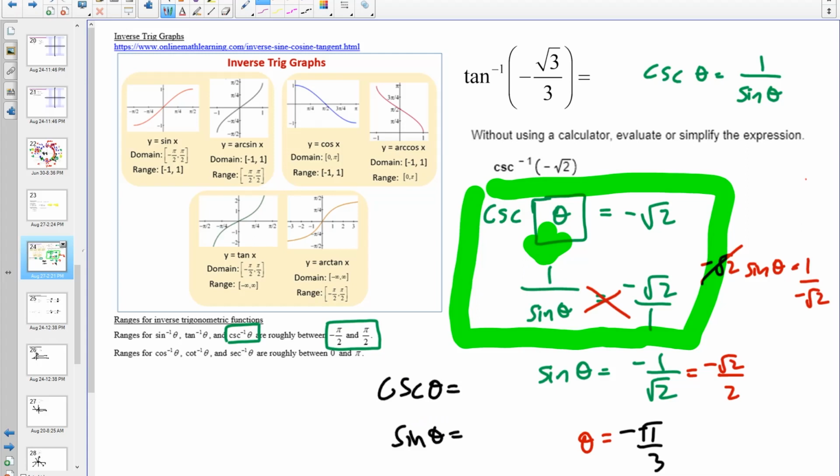Okay, and that's not true. They'll change this to sine theta, and they'll say that's equal to negative square root of 2, and then you'll get stuck because on the unit circle you can't find where sine theta is equal to negative square root of 2. Okay, so be careful with that. Alright, hope that helps.